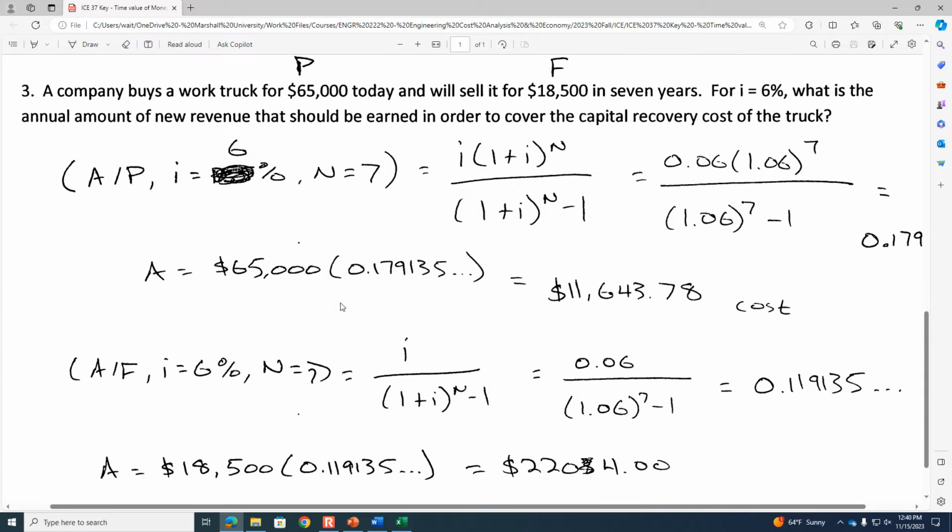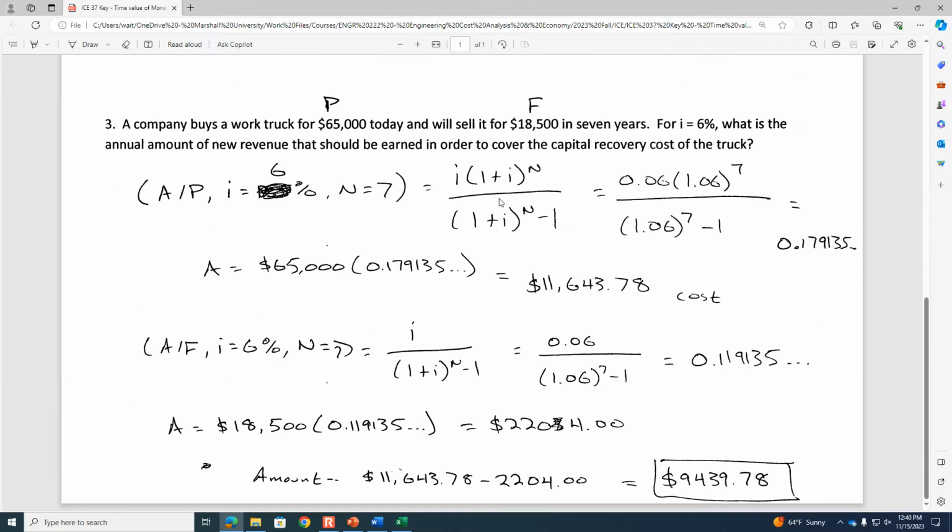So here in the calculations, we have a find A given P. The interest rate is 6%, N equals 7. So we can determine the factor for that, and then multiplying it by the present cost, find that the annualized cost of the initial purchase is $11,643.78.